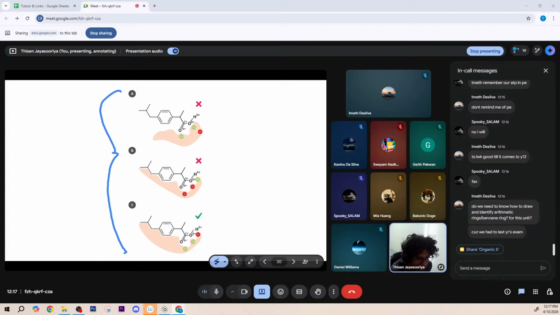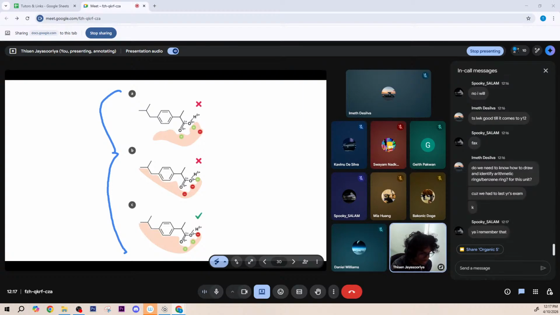You don't really need to know anything specific about them. You just need to be able to look at them and identify that's a benzene ring or that's a cyclohexene. You don't need to be able to do anything crazy with them, mainly just the structure.